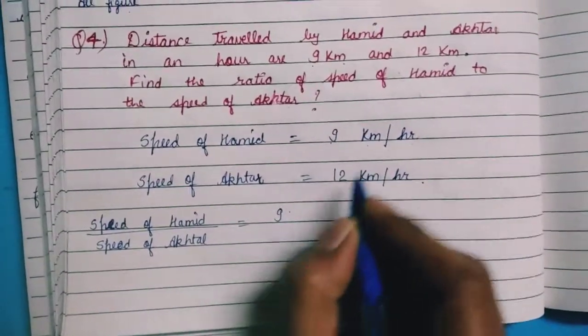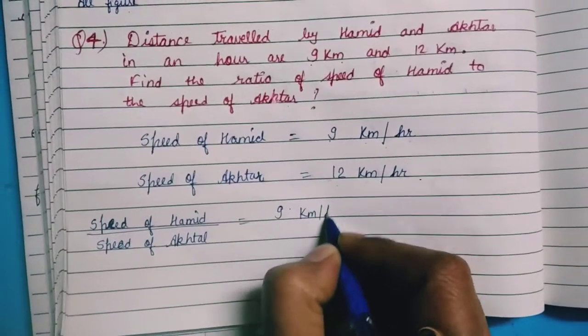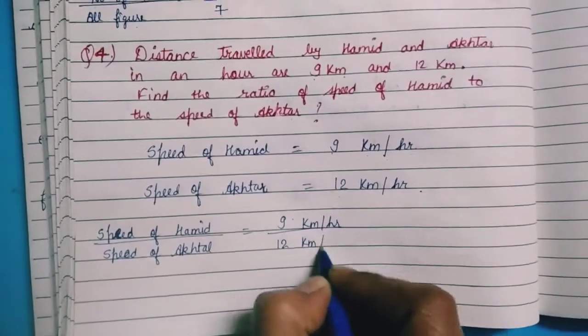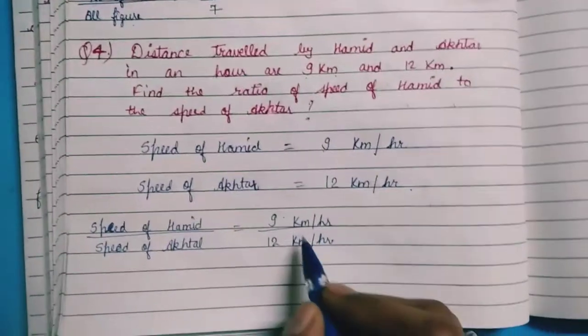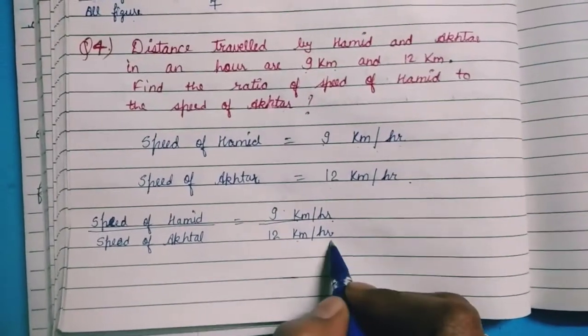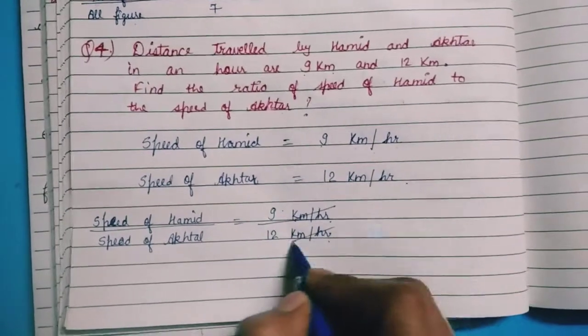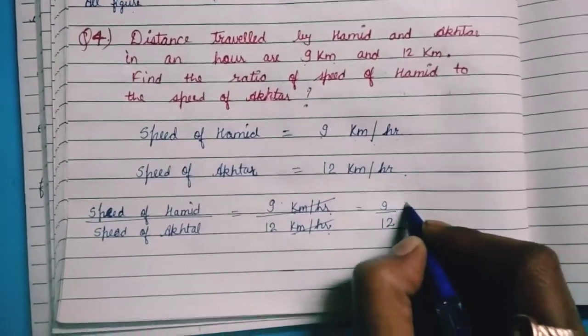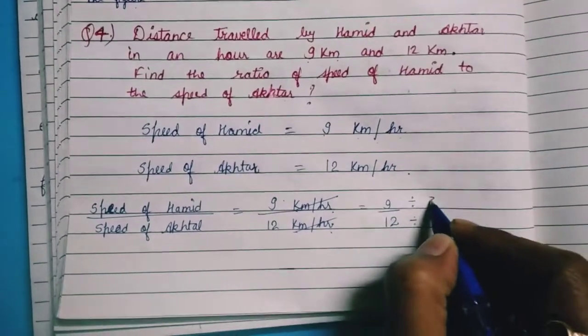So Hamid's speed is 9 km per hour and Akhtar's speed is 12 km per hour. You can simply see the units are the same, so we can cancel unit to unit. So here we have 9 by 12 and both are in the table of 3.